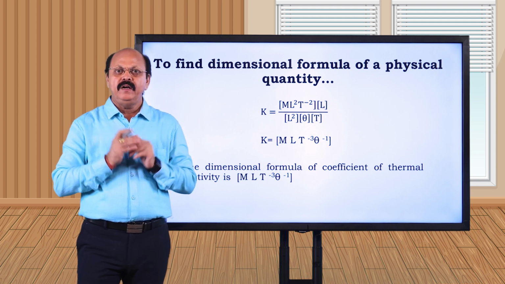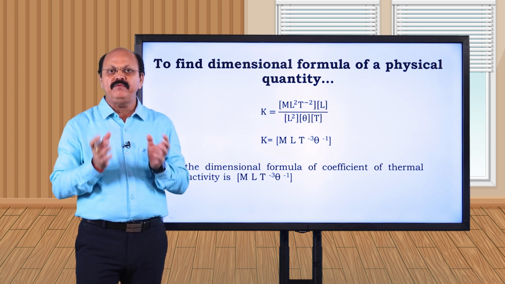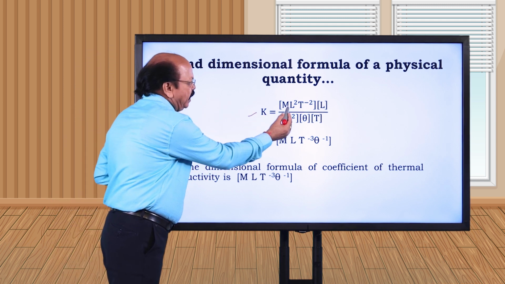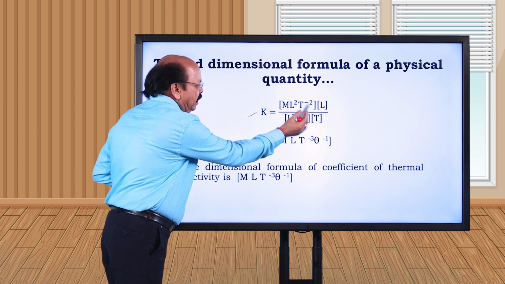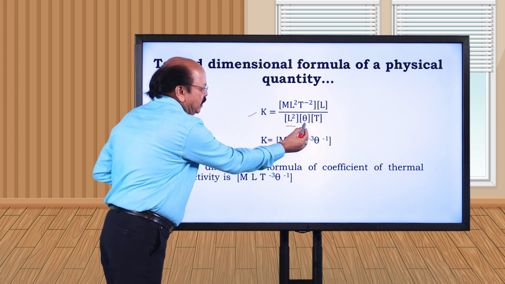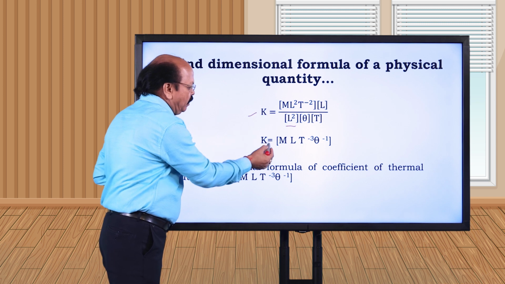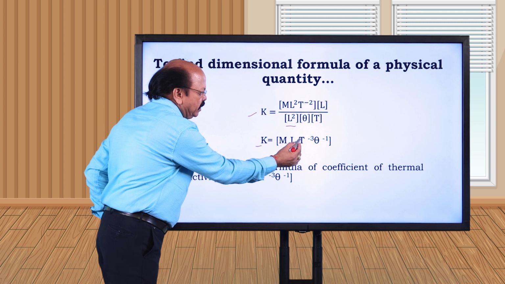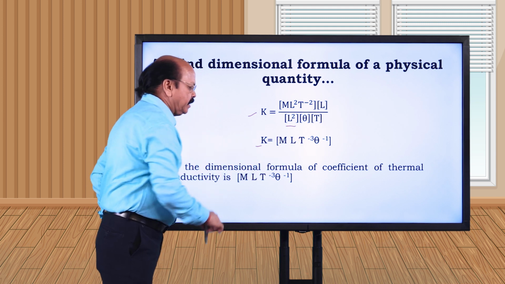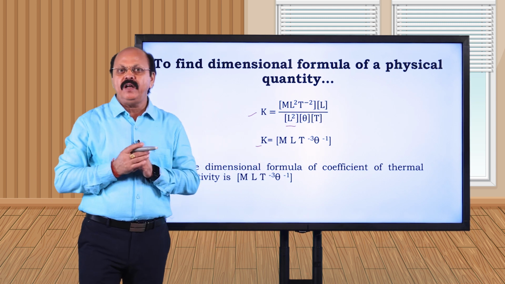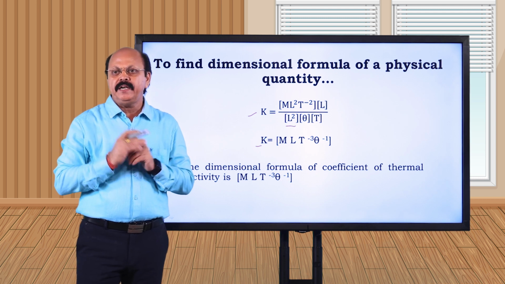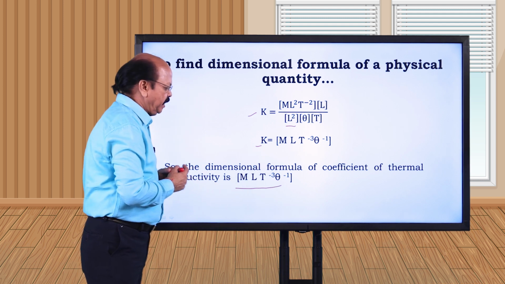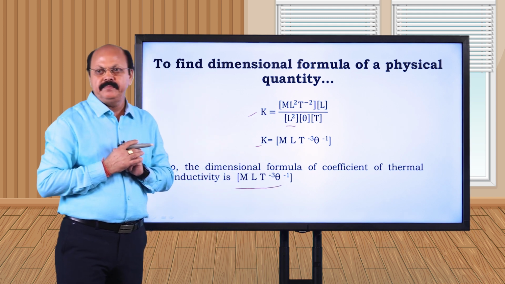Substituting the dimensional formulas of all physical quantities, it becomes [ML²T⁻²][L] upon [L²][θ][T]. After solving, K equals [MLT⁻³θ⁻¹]. Thus, the dimensional formula of coefficient of thermal conductivity is [MLT⁻³θ⁻¹].